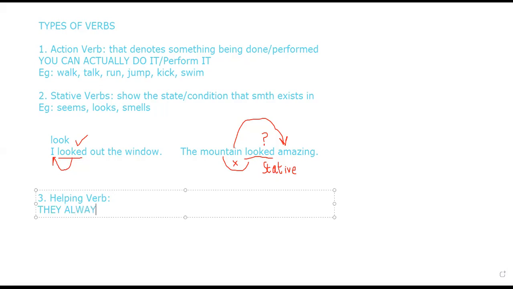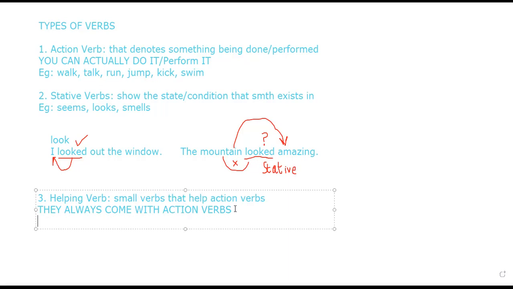They always come with action verbs, right? They always come with action verbs. They help action verbs. Helping verbs are small verbs that help action verbs. There will be an action verb in the sentence, and with it there will be a helping verb.